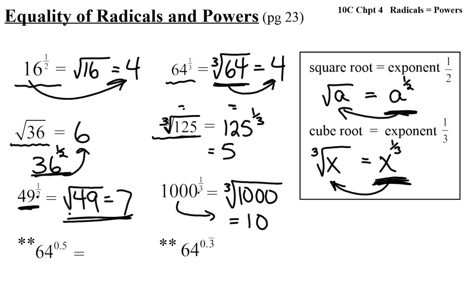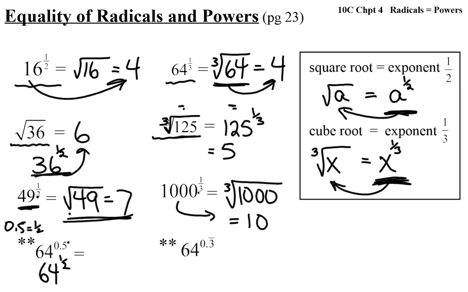Now, the last two at the bottom here are starred. They're at the bottom of the page in those brackets. I didn't do all of them, but these two, you're going to have to think a little bit. Why? Well, because decimals aren't as easy to work with, but being grade 10, you should be able to recognize another way to write 0.5. Well, 0.5 is the same as a half.